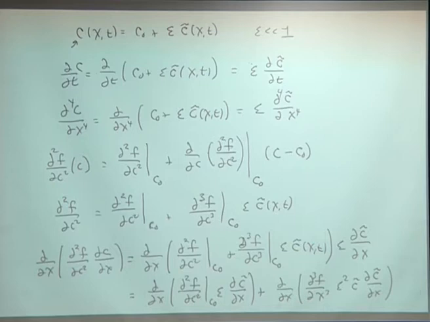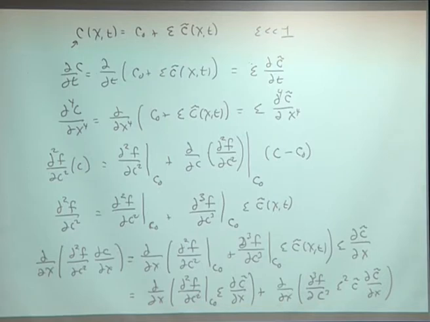Okay, and here's the key thing. You notice that this term is of order epsilon, and this term up here is of order epsilon squared, right? So let's say epsilon was 10 to the minus 2. So this is 10 to the minus 2. This is 10 to the minus 4. And an assumption we're making here, if you want to be really careful mathematically, is that all these other terms here are kind of order 1.